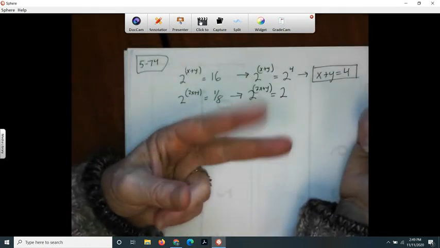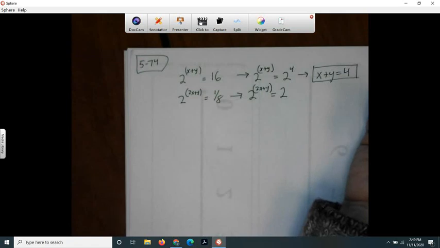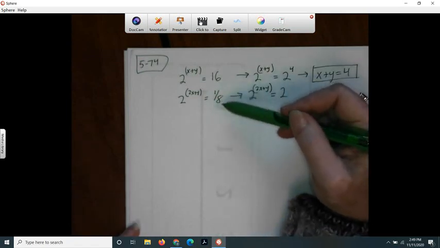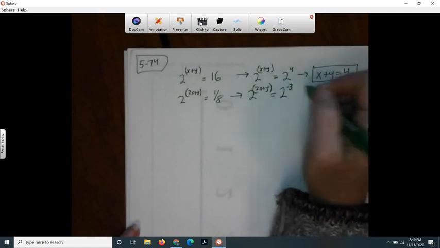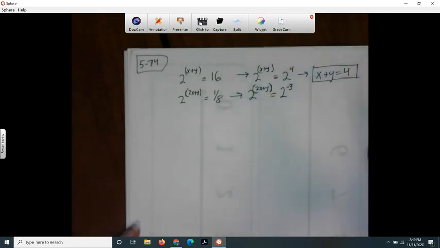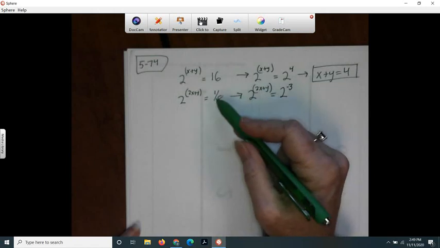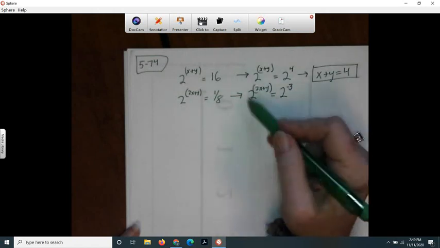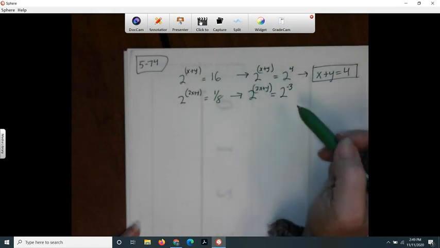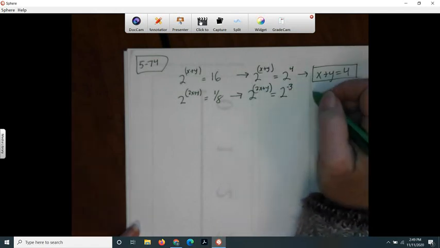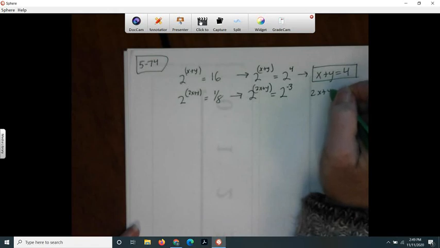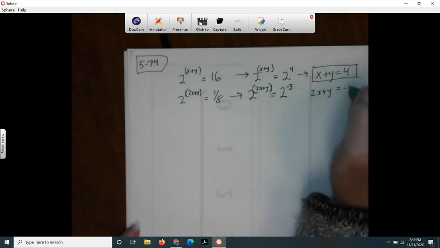So 2 to the 3rd power makes 8, but this isn't 8, this is 1/8. But if I make it 2 to the negative 3rd power, that gives a reciprocal, so that will get me 1/8. So now I've done the same thing that I just did on the top line, and I'm going to just equate these exponents. 2x plus y equals -3.